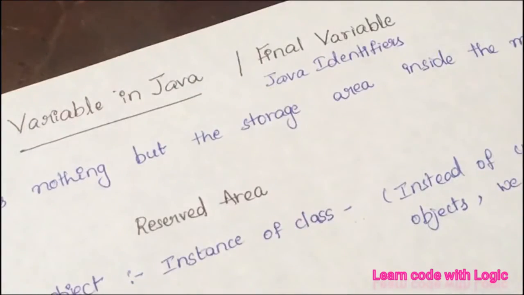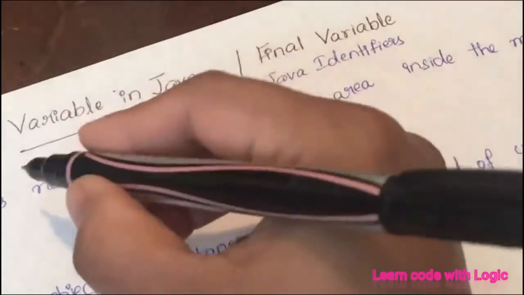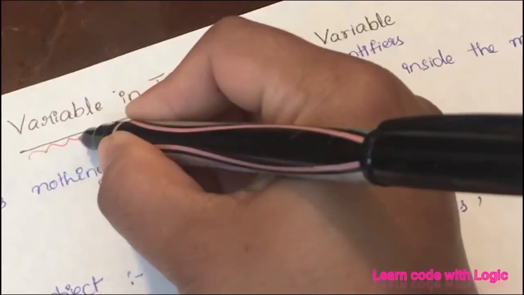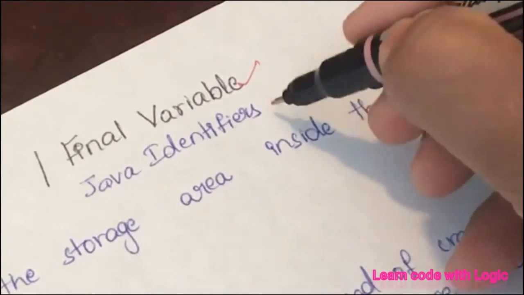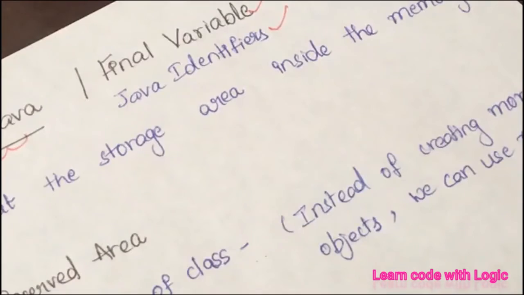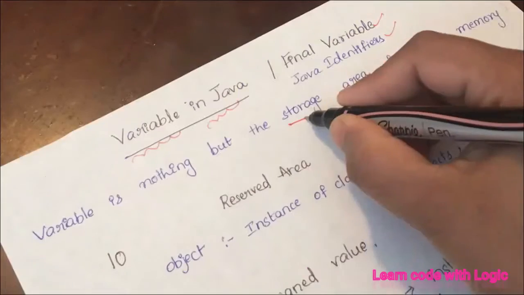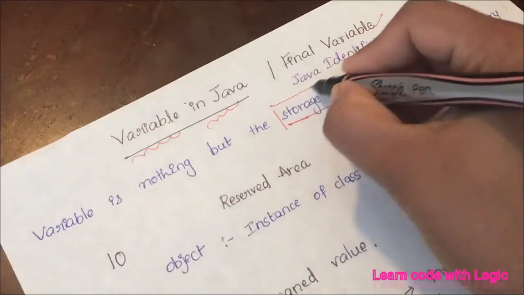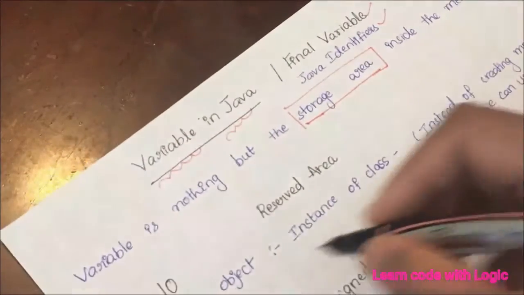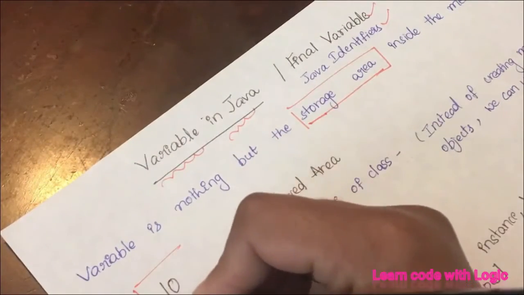Hi, welcome back to Java tutorials. In this tutorial, you are going to see what a variable is in Java, and also the final keyword, Java identifiers, and types of variables in Java. Basically, a variable is nothing but a storage area inside the main memory. Suppose you can see this is the main memory.